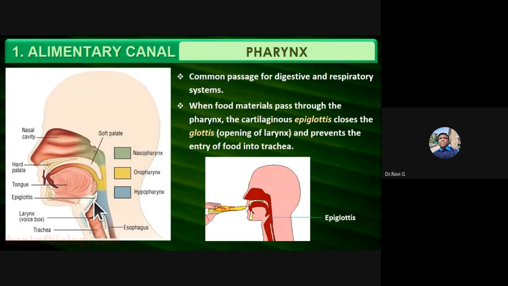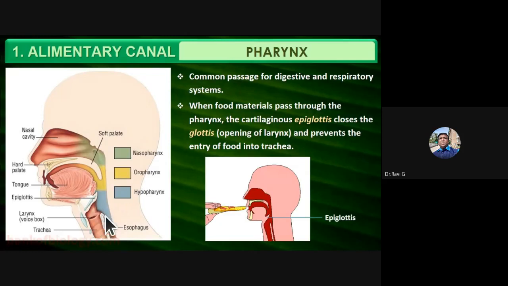At the hypopharynx region, you can notice that the glottis is covered by a flap called the epiglottis, which prevents the entry of food into the trachea through the larynx. Whenever we swallow food, the epiglottis closes the trachea or windpipe, and food passes through the esophagus.